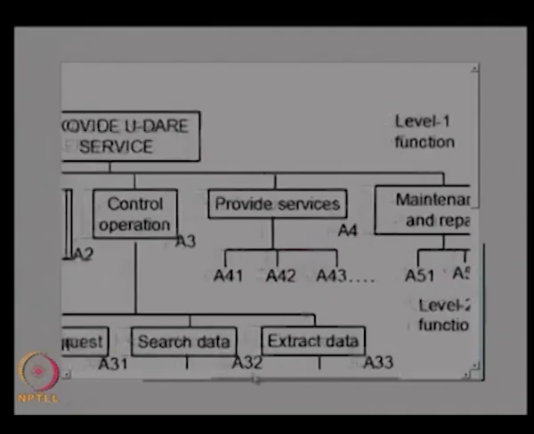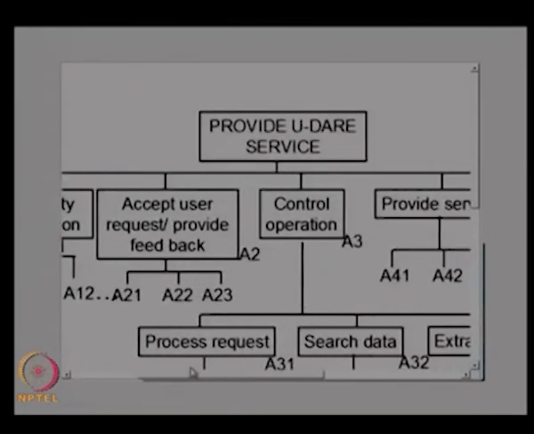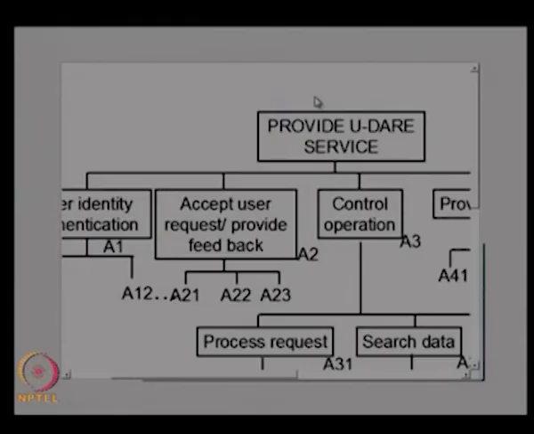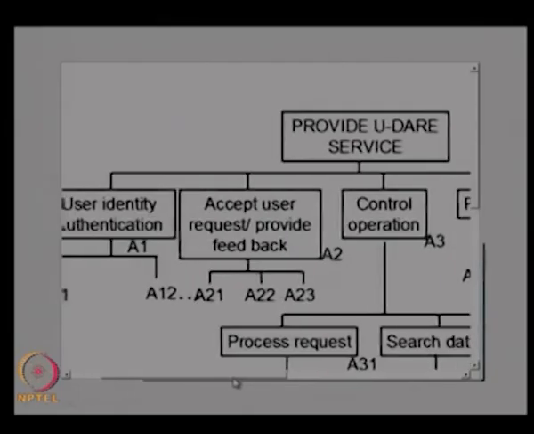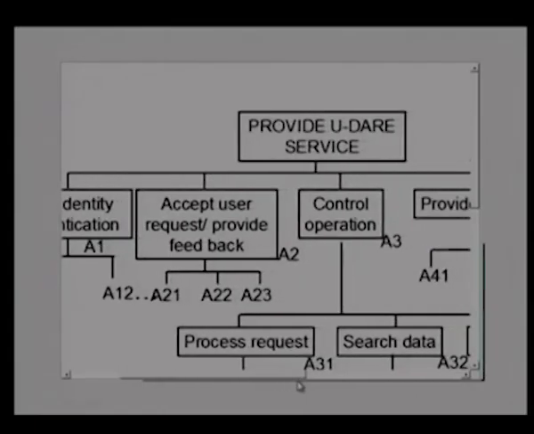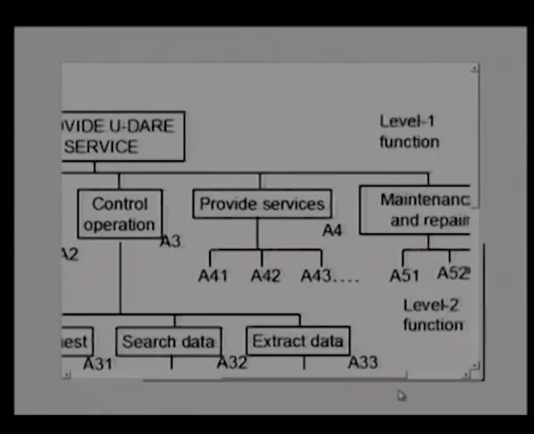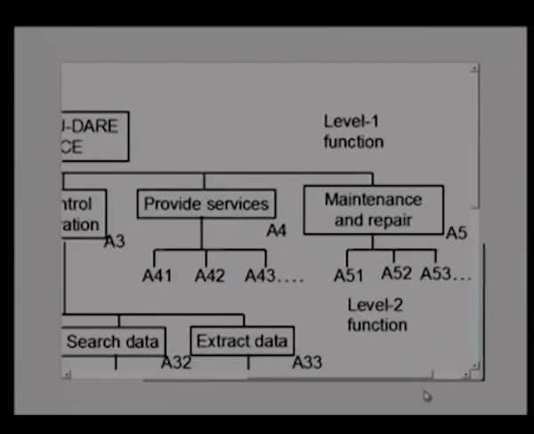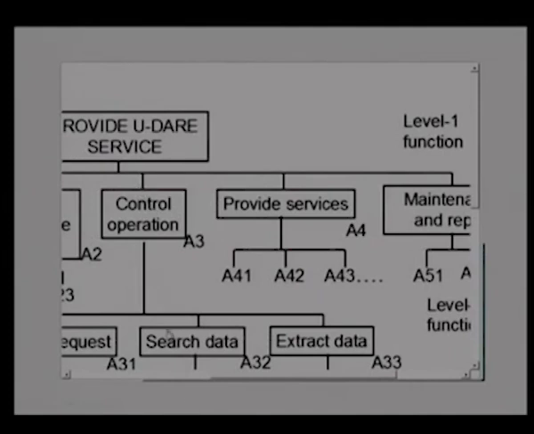So, once we have all these functions, we try to prepare it as a functional hierarchy diagram. So, we will provide the top level function over here, provide user services and then write down all the sub functions identified: user identity authentication, accept user request feedback, then control operation, provide services and maintenance and repair. And for all these functions we will be having sub functions identified through the IDF0 diagram.